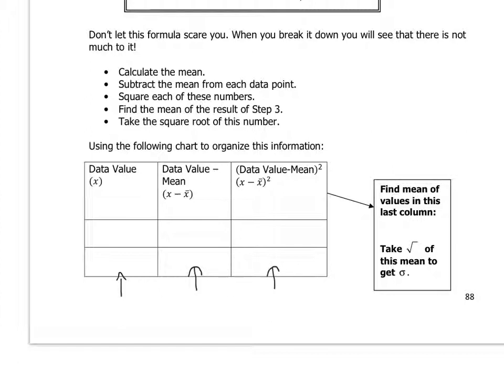So then to find the standard deviation, you basically just take the mean of all the values you have in this last column here, and then take the square root of that mean, and that'll give you the standard deviation or average distance that a piece of data is from the mean.